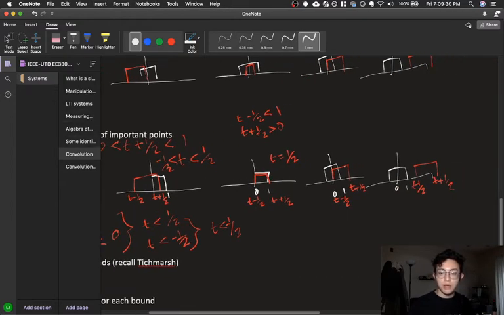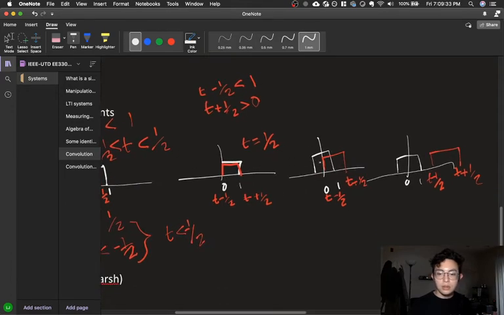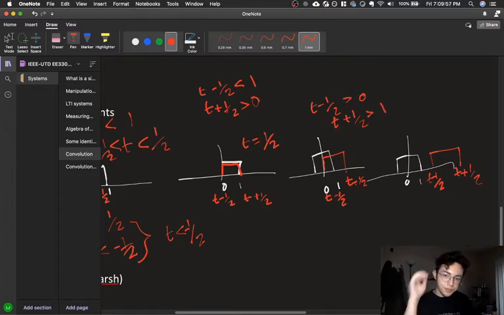And when it's slightly overlapping on the right, we'll have t minus 1/2 is greater than 0, but t plus 1/2 is greater than 1, because this is to the right of 1 and this one's to the right of 0, and it's less than 1.